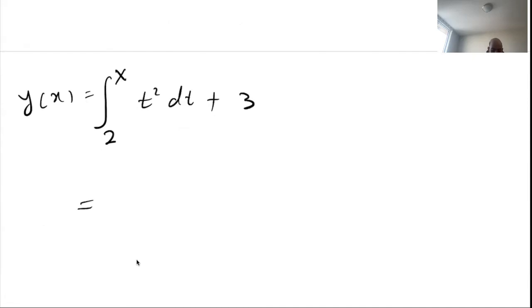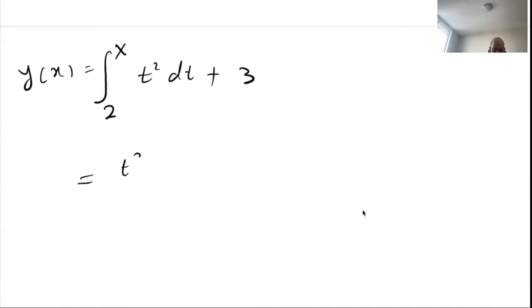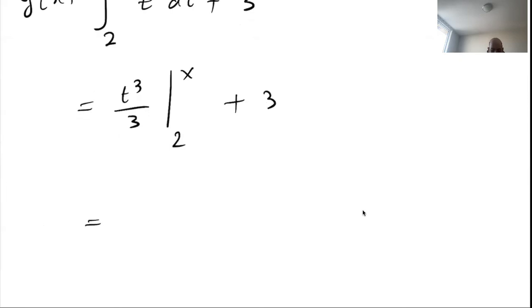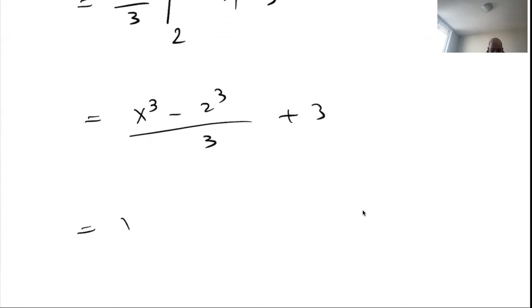Well, it's easy to calculate. We just need the antiderivative of t squared here. The antiderivative of t squared is t cubed over 3. You saw this in math 114. Then we have to evaluate between 2 and x, plus 3. And this is x cubed minus 2 cubed divided by 3 plus 3. And this is x cubed minus 8 over 3 plus 3.